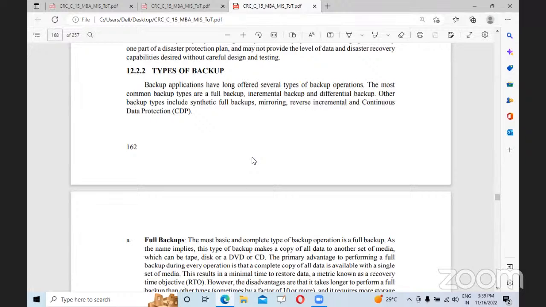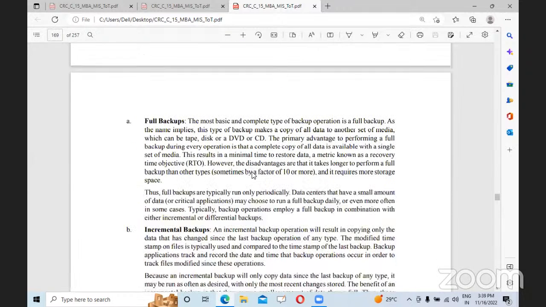Other backup types include synthetic full backups, mirroring, reverse incremental, and continuous data protection.